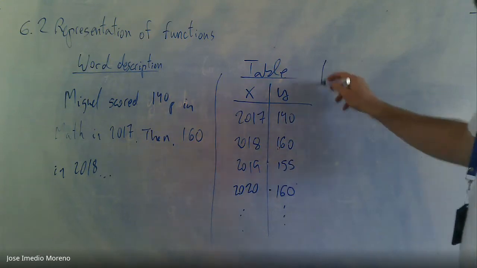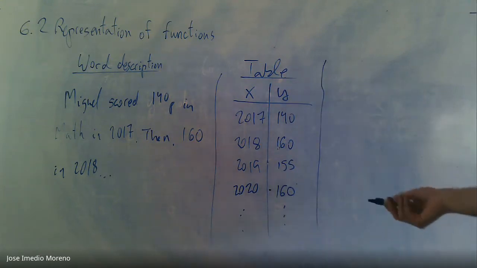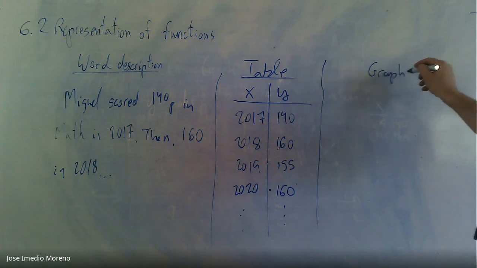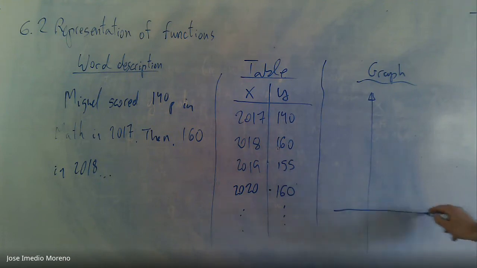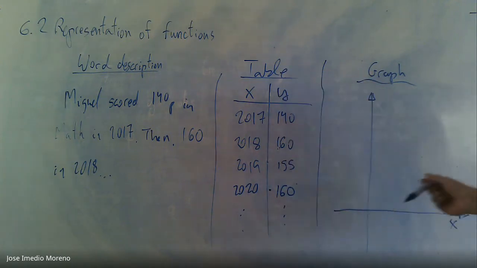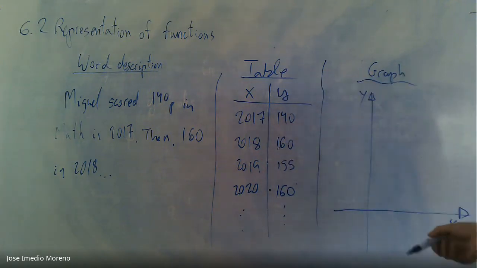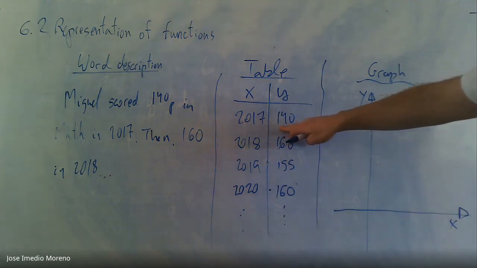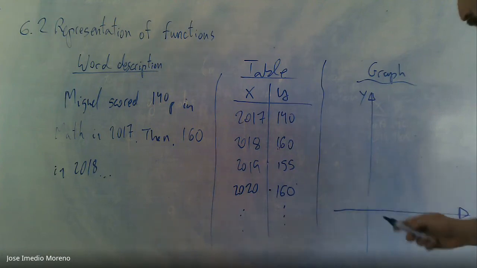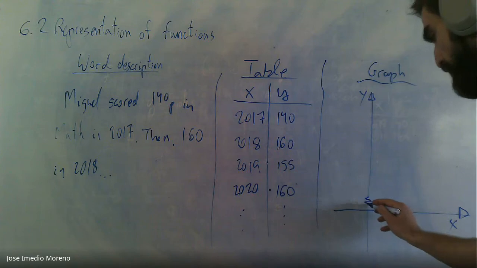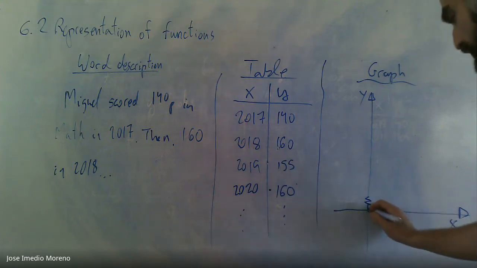Then I can also express this as a graph. Okay, I can graph this. So let's do it here. You know that I'm always using the horizontal axis for x, in this case the year, and y is the vertical axis. As my values for y begin at 140, I'm going to make this thing, it's like a lightning.